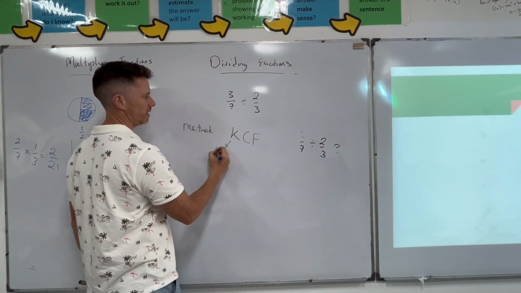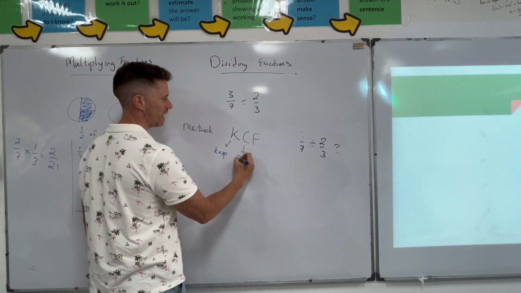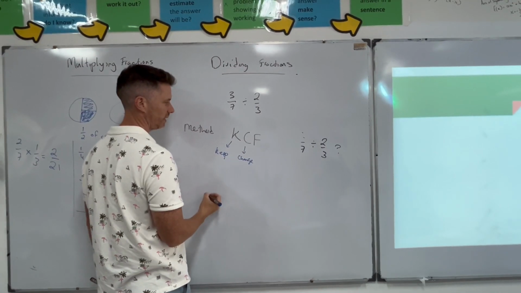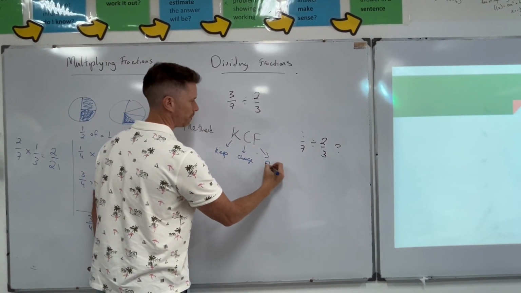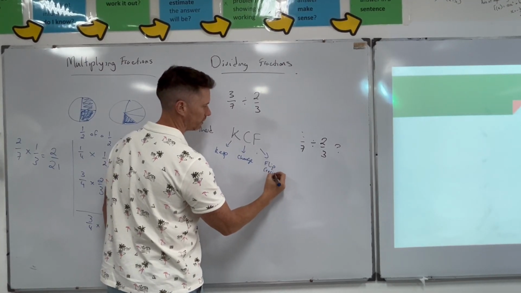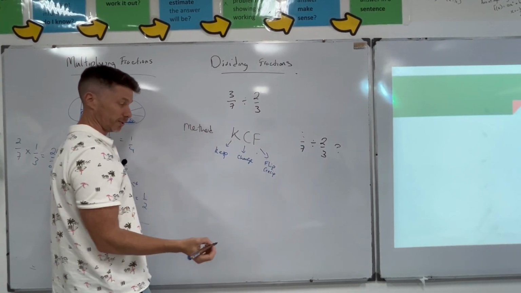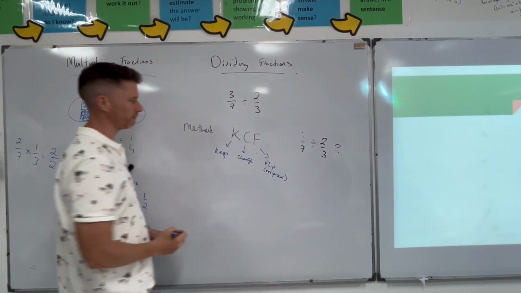This stands for keep the first fraction the same, change the sign to multiply, and I'll use this arrow. And then flip the second fraction. Flip is the typical, the mathematical term is reciprocal. Reciprocal is when we flip a fraction.